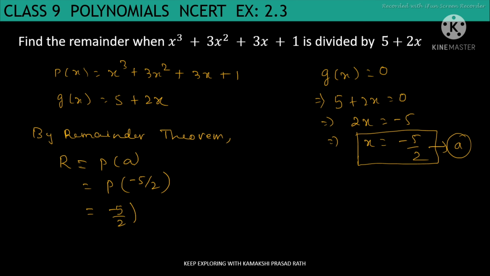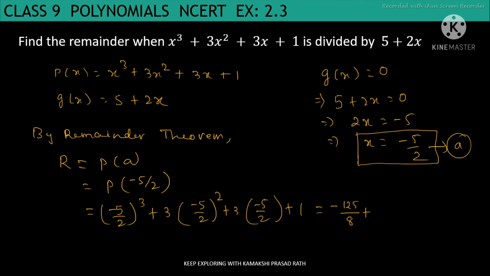So minus 5 by 2 whole cube, plus 3 multiplied by minus 5 by 2 whole squared, plus 3 multiplied by minus 5 by 2, plus 1. Let's simplify this. Minus 5 by 2 whole cube: since it is an odd power of a negative, we get a negative answer. 5 by 2 whole cube means 5 cubed and 2 cubed. 5 cubed gives 125 and 2 cubed is 8, so minus 125 by 8.